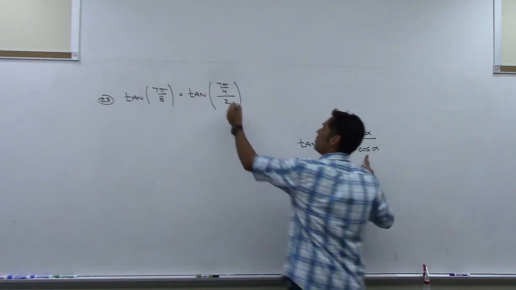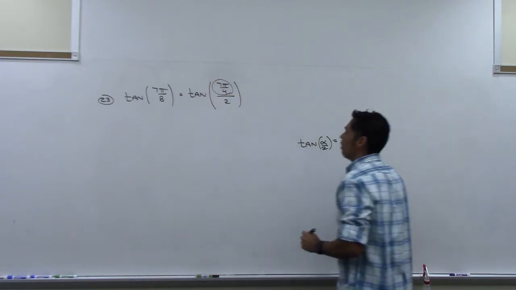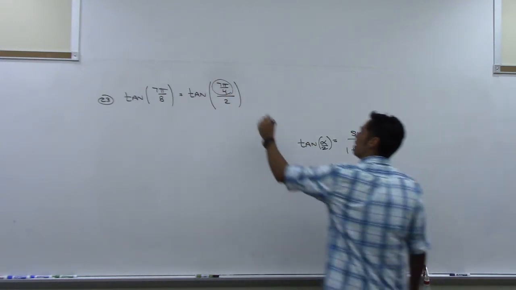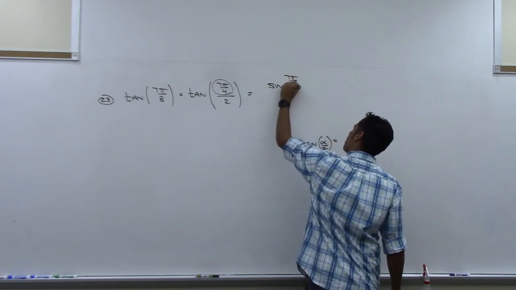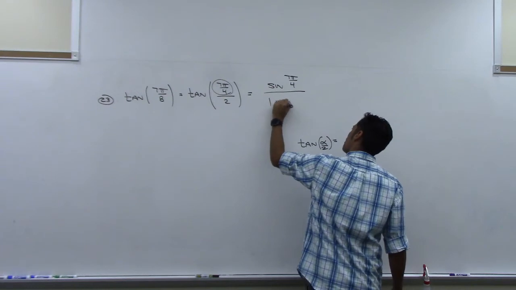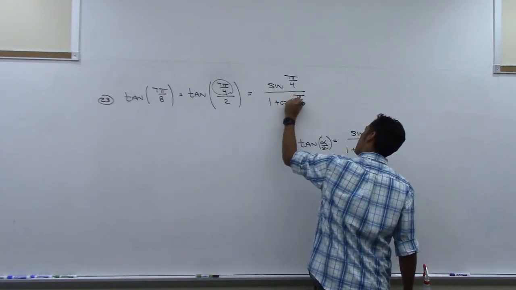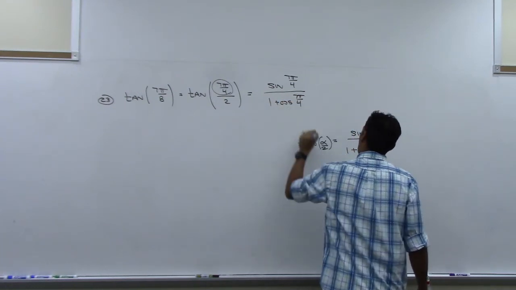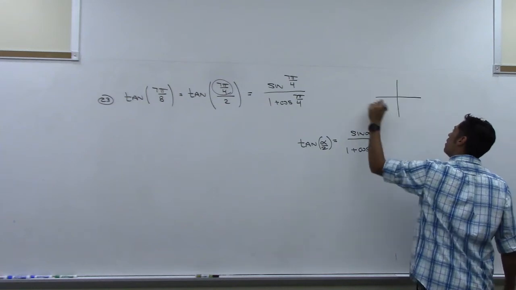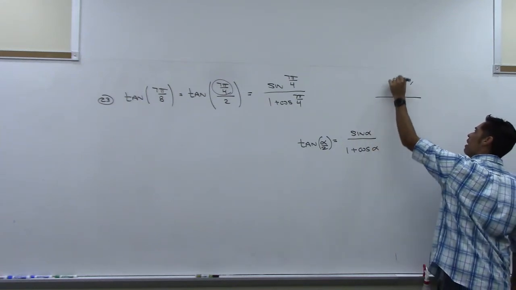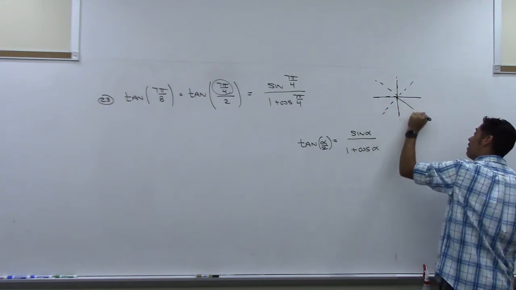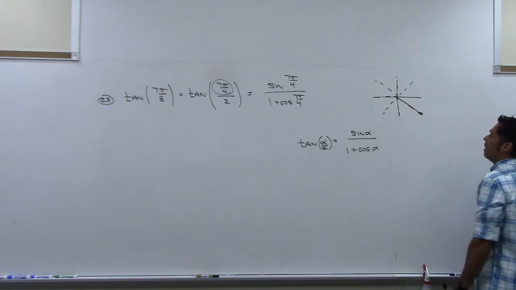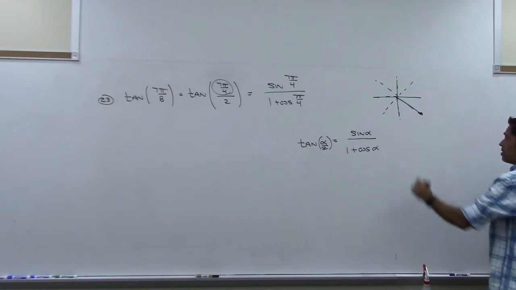So for us, the alpha is 7 pi over 4. So this is going to become sine of 7 pi over 4 over 1 plus cosine of 7 pi over 4. And so where is 7 pi over 4? Well, here's pi over 4, 2 pi over 4, 3 pi over 4, 4 pi over 4, 5 pi over 4, 6 pi over 4, 7 pi over 4. So here's where we are. And what I need is the sine and the cosine.